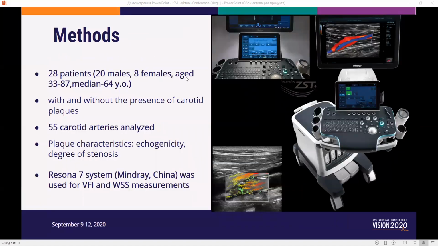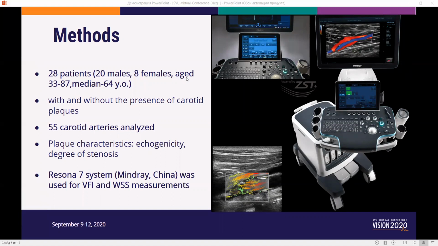Methods. The study population included 28 patients, 20 males, 8 females, aged 33 to 87 years old. Median age was 64, with or without presence of atherosclerotic plaques in carotid arteries. In all, 55 carotid arteries were analyzed, 36 of them twice, in order to evaluate test repeatability.